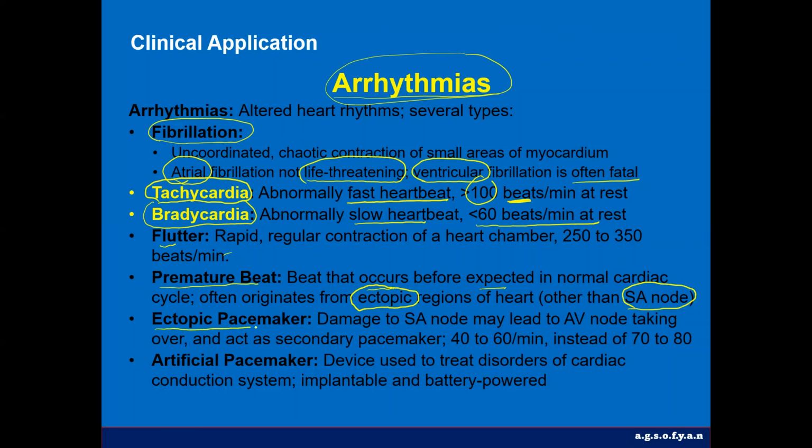Ectopic pacemaker is very similar to the previous one. The pacemaker is actually coming from the AV node. Usually the AV node will also function as a pacemaker when the SA node is not functional. So for this type of abnormality, the AV node is actually the one acting as a pacemaker, and this is called the ectopic pacemaker.